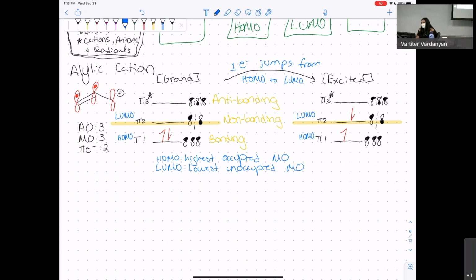And just to repeat something that students find very confusing, but we talked about last time. The HOMO and LUMO we define in the ground state. We do not change that in the excited state. So even though there is an electron here, this is still the LUMO, because remember, the excited state is just a temporary state. It only lasts for like a couple seconds at most. So we're not going to change these labels. We're only going to throw the electron up and then jump back down.